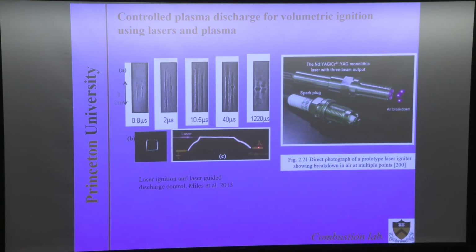Then you fire a high voltage between the two electrodes, and the streamers will form from here and catch this pre-ionized region, and you can control the ignition at the location you want. But using a femtosecond laser is very expensive for an ignition job. But the principle is very clear: pre-ionization can guide the plasma channel and lead to plasma discharge at the location you want. I think this is the major conclusion we have.